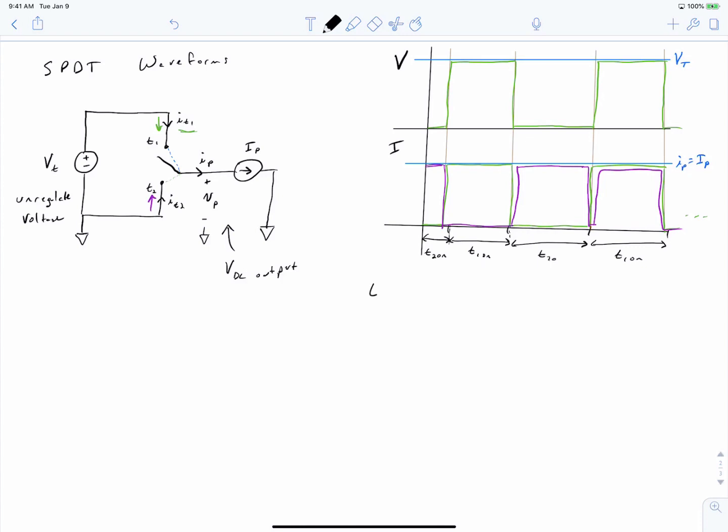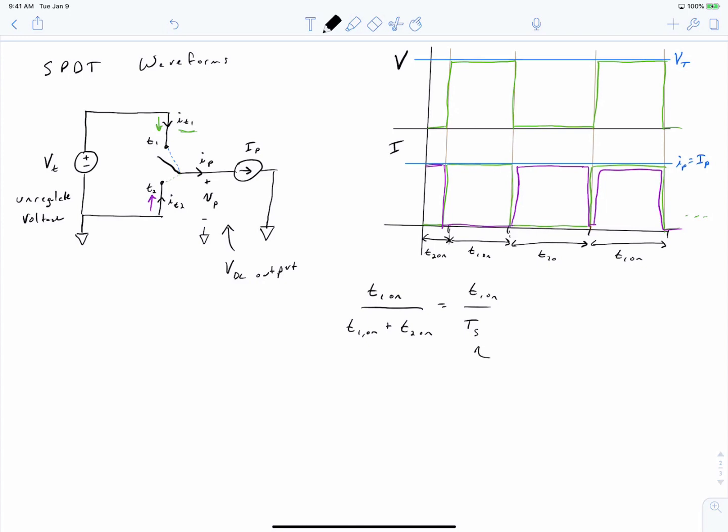So the quantity of T1 on, that's the time that throw 1 is active and throw 2 is inactive, over the period, which is T1 on plus T2 on, can be expressed as a duty ratio.